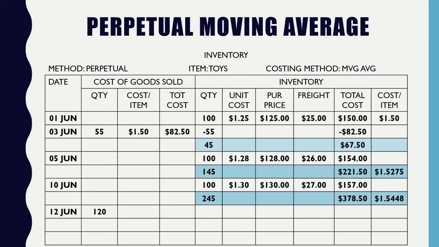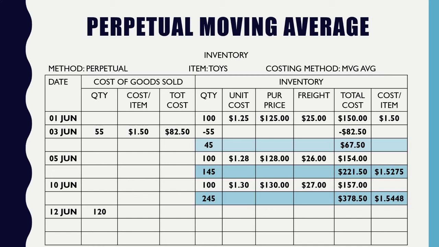Because we're using moving average, or just average costing in general, for this type of inventory, since we don't care which batch came first or which batch came last, all we care about is a total grand quantity, then my cost of goods sold is also easier to calculate, because I just go ahead and put the whole thing in there. I just plop down my whole entire 120. And now I'm going to take a look at this.